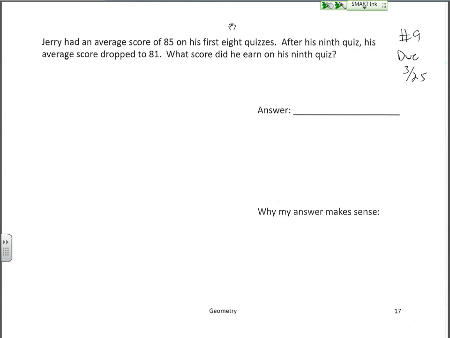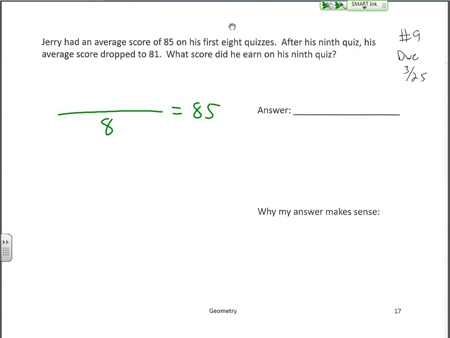As we know, an average is the sum of all of the data divided by how many data there are. So if the average score is 85 on his first 8 quizzes, the sum of all of them divided by 8 equals 85.